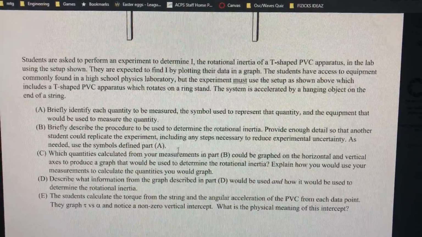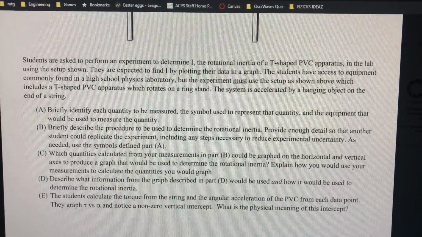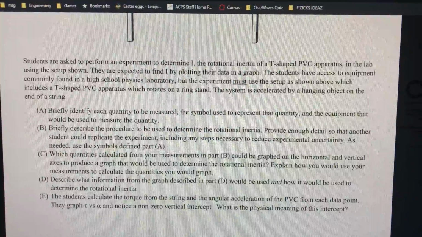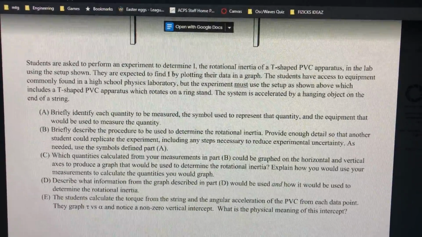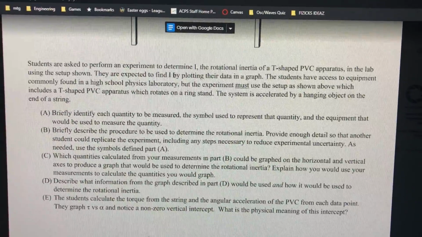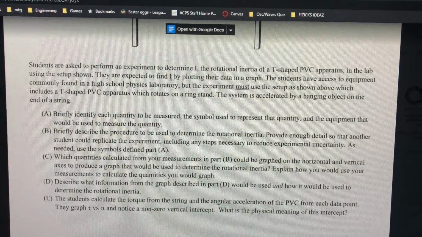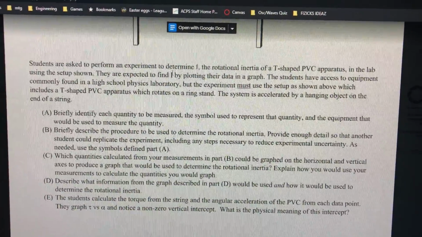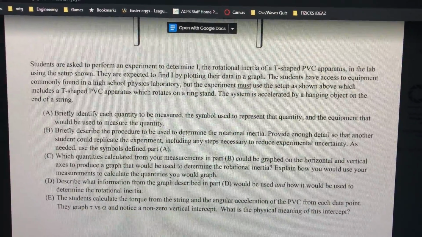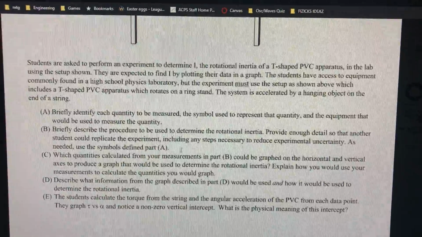What quantities calculated could be graphed on the horizontal and vertical axes? Look on your equation sheets. Every time it asks you about the graph, if we're finding I, we're going to plot I. There is some equation somewhere, some relationship between multiple variables that will get you I, and very likely that's going to be something on your equation sheet.